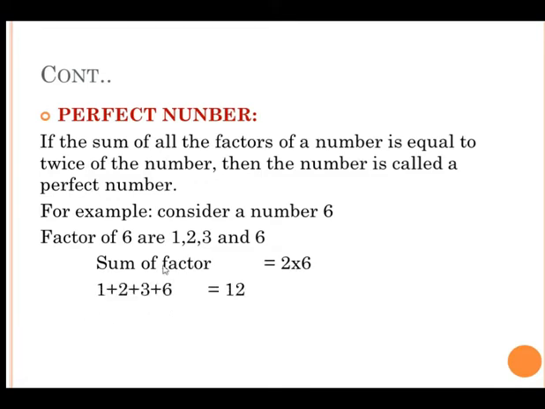So we add the factors here, 1 plus 2 plus 3 plus 6 equal to 12. So we are getting 12, so 12 equal to 12. We have got LHS equal to RHS. Therefore we can say that 6 is a perfect number.